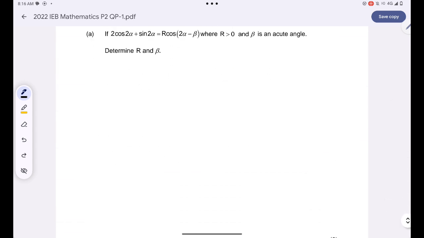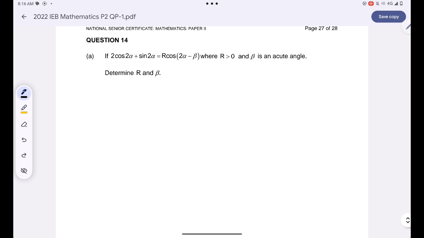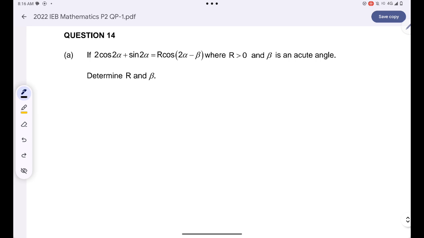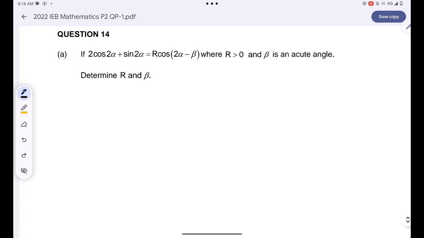Question 14. Okay, question 14, we are told that if cos 2a plus 2 sine 2a is equal to r cos of 2a minus beta, where r is positive and beta is an acute angle, determine the values of r and beta. This is my conversion. Okay, how can we do that?